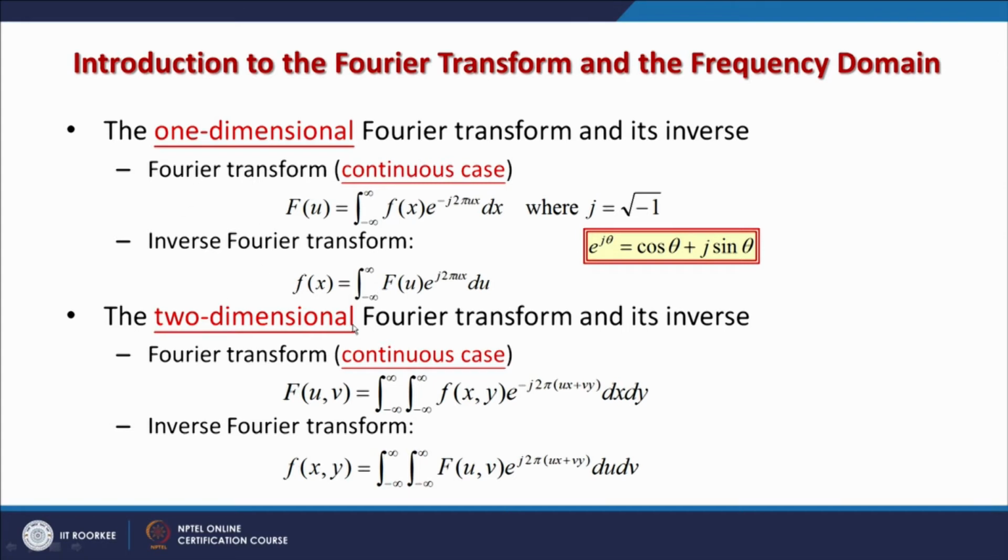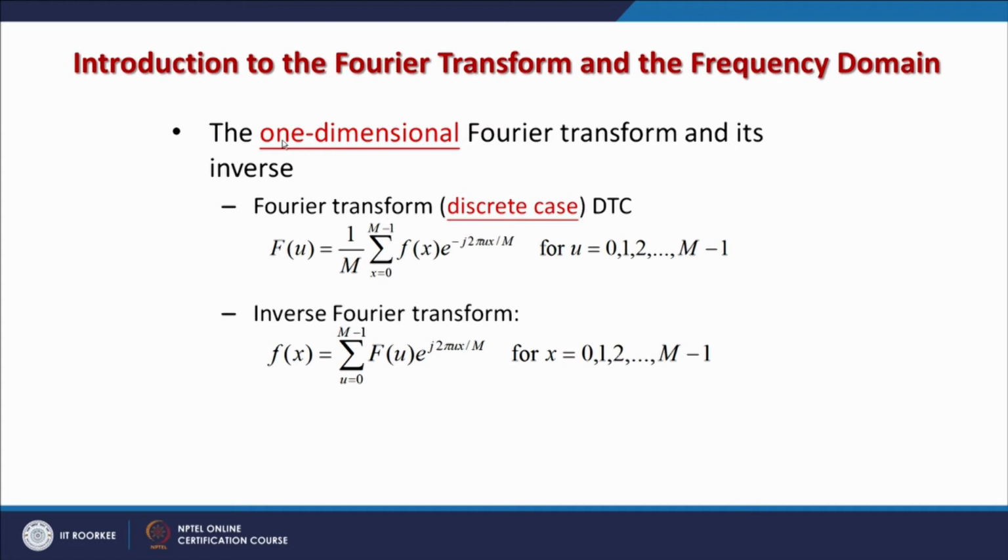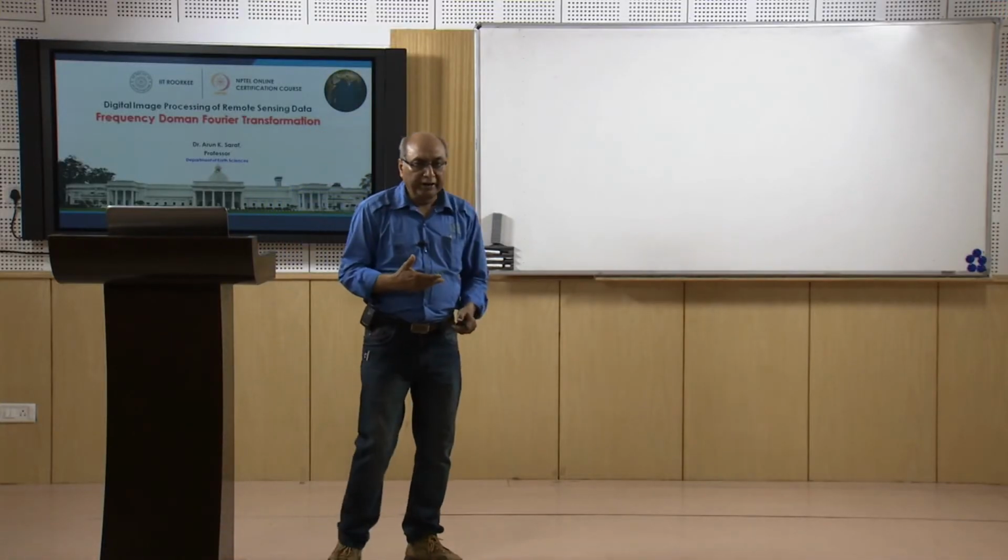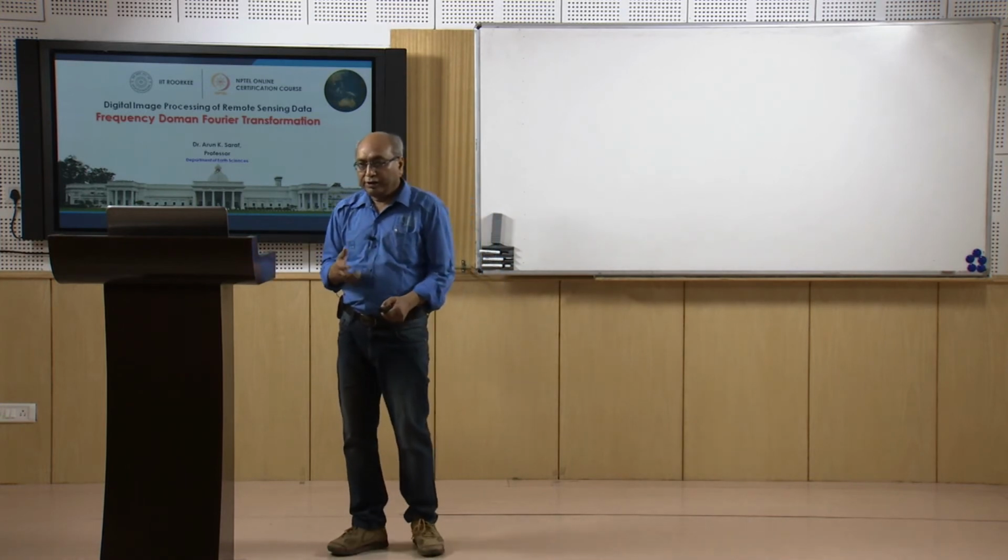Similarly, the two-dimensional Fourier transform and its inverse, here it is also the continuous case. We will see the discrete case later. So this is the one-dimensional Fourier transform, this is the two-dimensional Fourier transform, equations are given. Here this is the one-dimensional Fourier transform, but the discrete case, not the continuous case, and both equations, the Fourier transform equation and the inverse equation. So there are various options available here depending on the requirement of your filtering for the image.